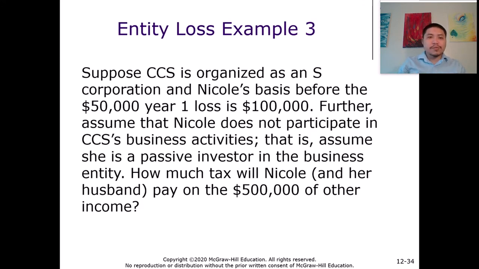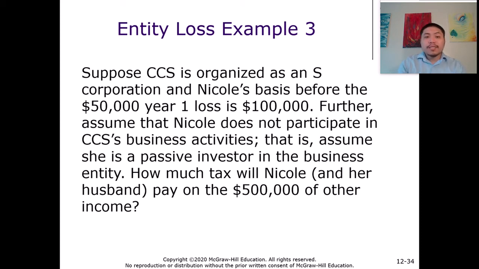It says suppose that now CCS is organized as an S corp, and Nicole's basis before the $50,000 loss is $100,000, and further assume that Nicole does not participate in CCS's business activities. Assume that she is a passive investor in the business. How much tax will Nicole and her husband pay on the $500,000 of other income?